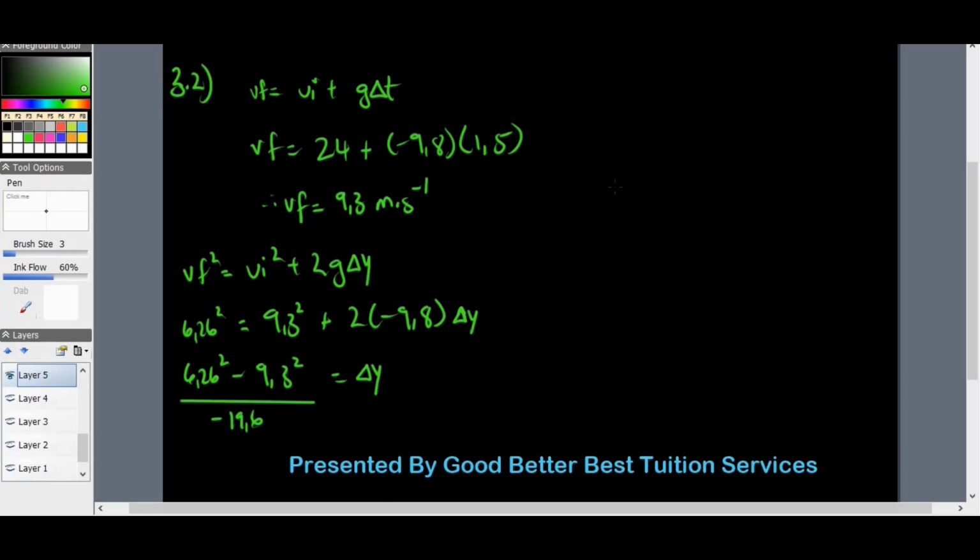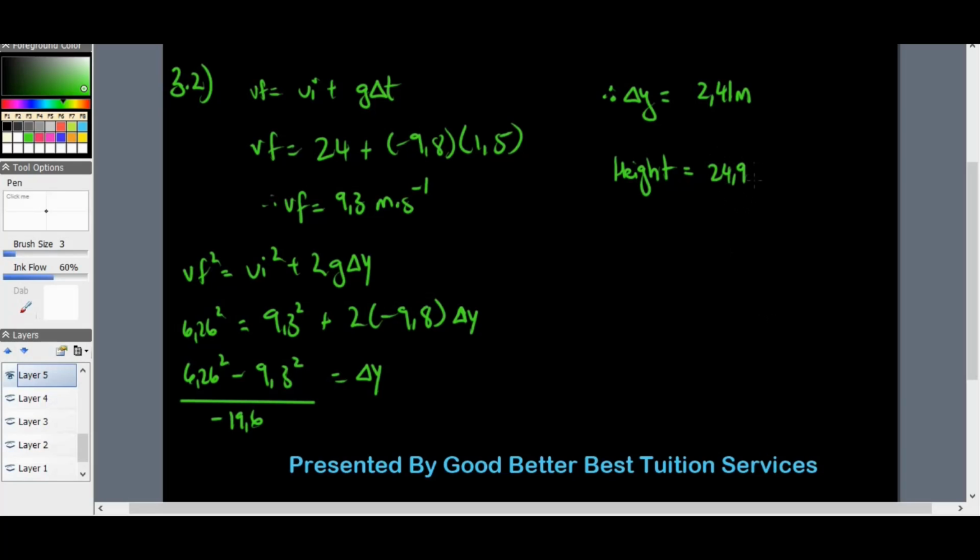Therefore, delta y should equal 2,41 meters, but that is not the height of the tree. The height of the tree is the previous h that we calculated, which was from the bottom of the ground until the beginning of the tree, or the bottom of the tree where the branches were.